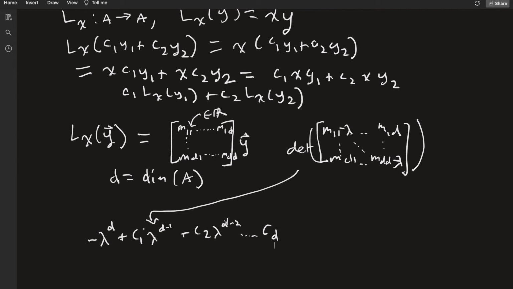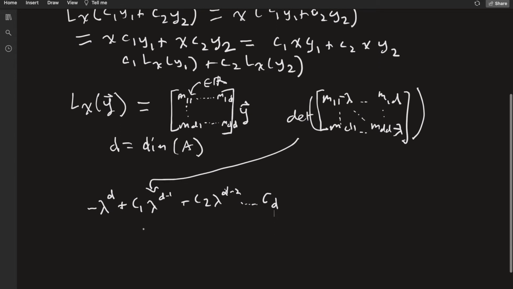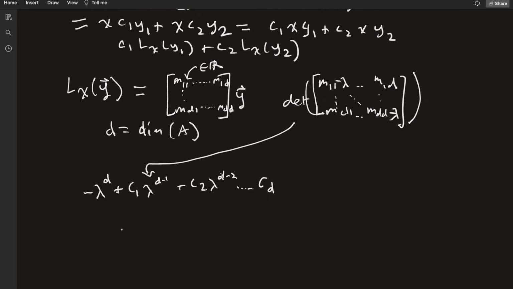And what do we know about this polynomial? Well, it's an odd degree polynomial, so it must have at least one real root, right? You can see this by using the intermediate value theorem or any number of techniques, because you could also look at the asymptotic behavior.